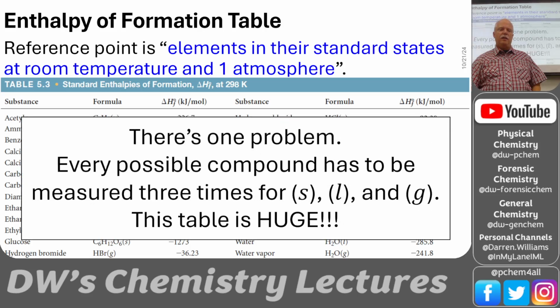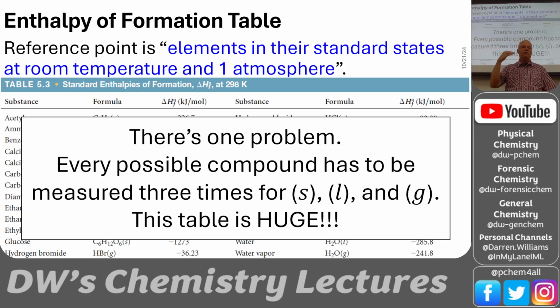Okay. So there's one problem, though. For this table to be universal, we have to measure the enthalpy of formation for every compound. And we have to do it 3 times because we want to do the solid, the liquid, and the gas. So just like water, there's ice, there's liquid water, and then there's steam, water vapor.